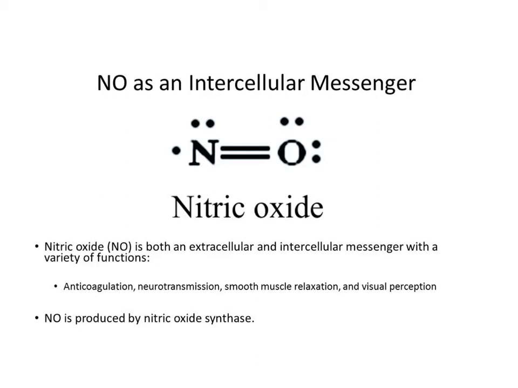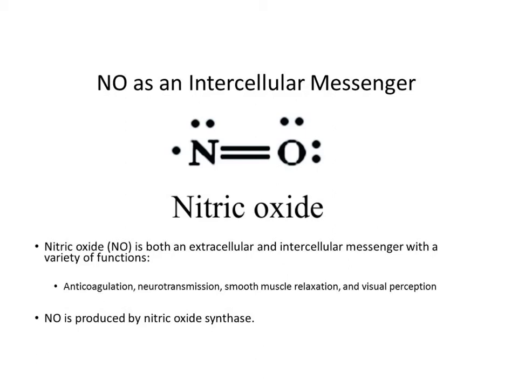So it's an extremely important signal molecule, and ultimately it's produced in signaling cells by enzymes called the nitric oxide synthase. And nitric oxide, one important pathway or mechanism that it's involved in is ultimately smooth muscle relaxation, which is critical for vasodilation of blood vessels.